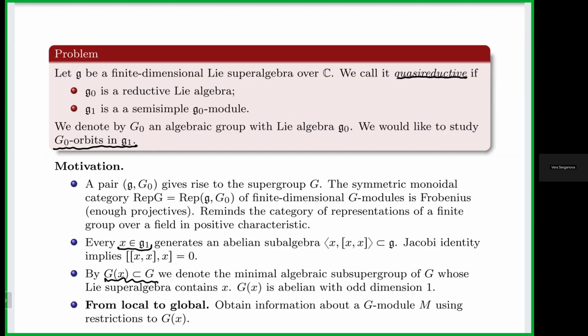By the same argument, it is clear that since this supergroup is algebraic, its even part can have dimension bigger than 1, but its odd dimension is always 1. So the idea is to understand information about a G-module M using the restriction of these modules to these subgroups G_x.